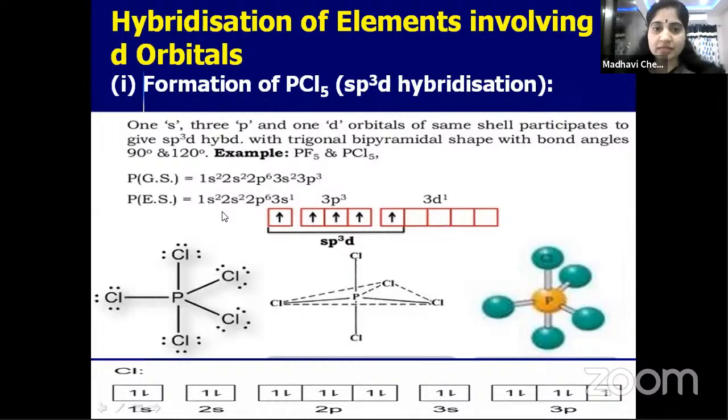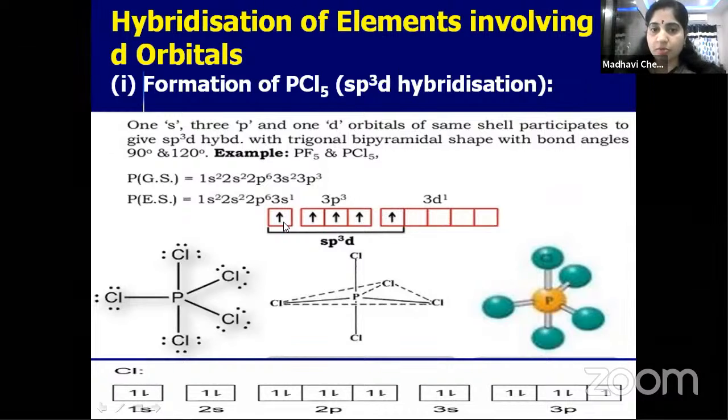So in excited state, 1 electron from 3s, it will enter into the 3d. Okay, so it means in excited state, 3s is having 1 electron and 3p is having 3 electrons, and 3d is having 1 electron.